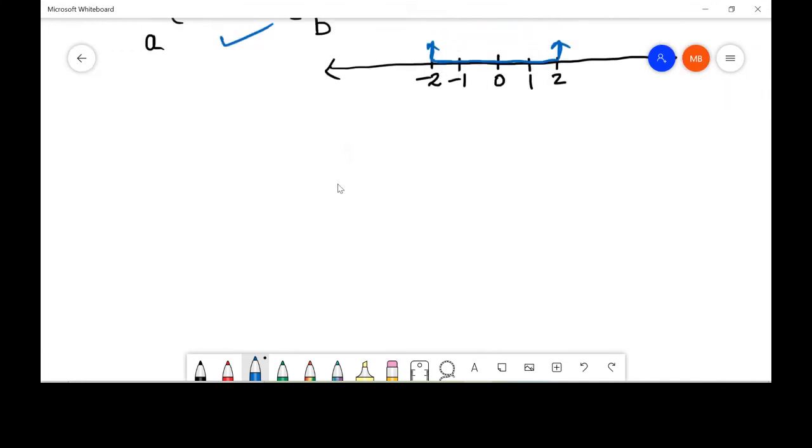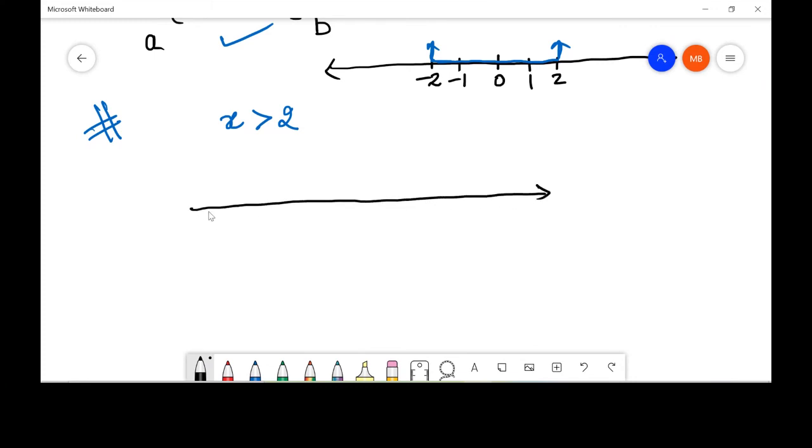To begin with, let us begin with an inequality. Say this is the first example: x is greater than 2. So this is an inequality. Let us try to represent x greater than 2 on a number line. This is our number line. Let this be 0, this is 1, this is 2, this is 3, and obviously to the right is positive infinity, and to the left it will be negative infinity, right?